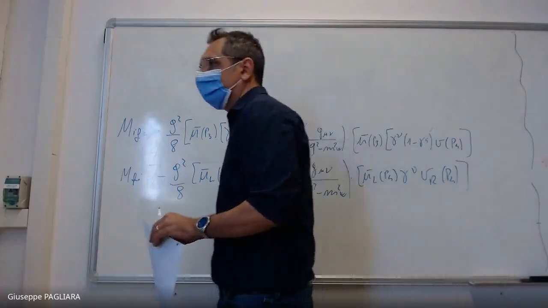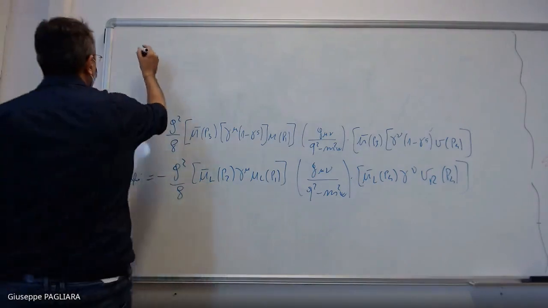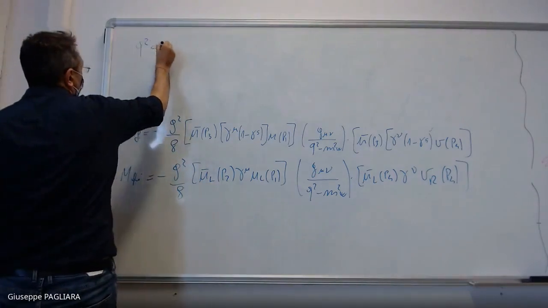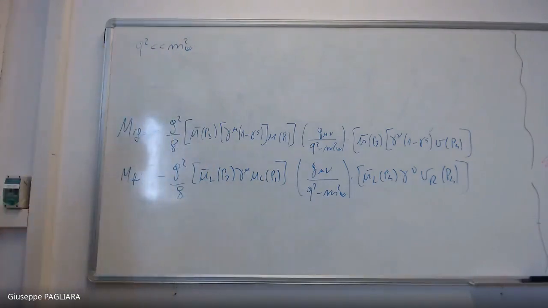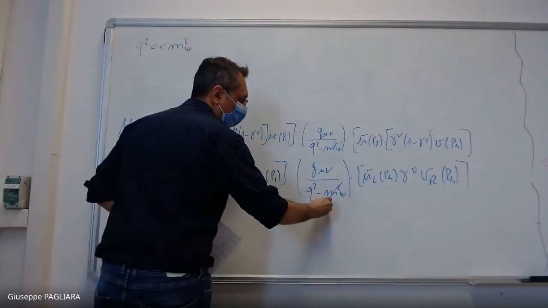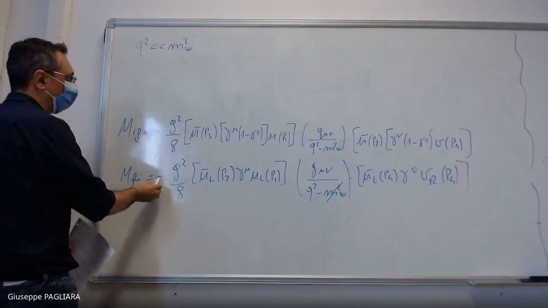Now, the muon decay is a low energy process. So we are indeed in the region where we can neglect Q squared with respect to the mass of the W squared. So we can neglect this term here. We get a minus sign which cancels with this minus sign here.